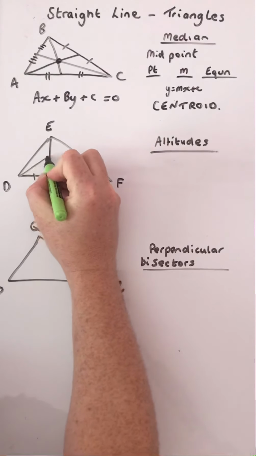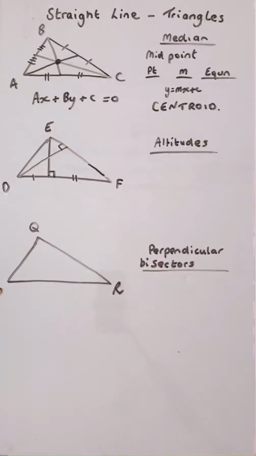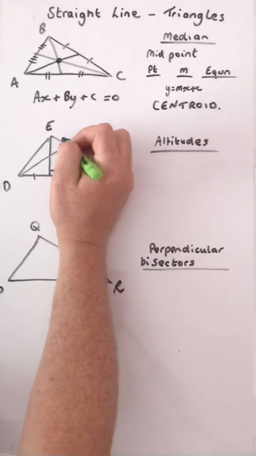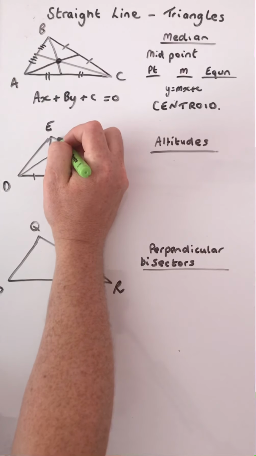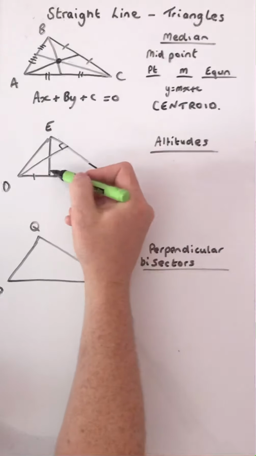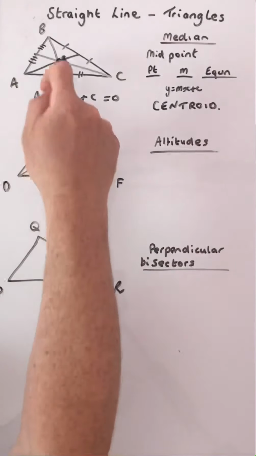So the altitude from D will meet EF at 90 degrees. You can see clearly this is nowhere near a midpoint. It's just a sketch. This will tell us that it's 90 degrees, but it's not the middle like the median was.